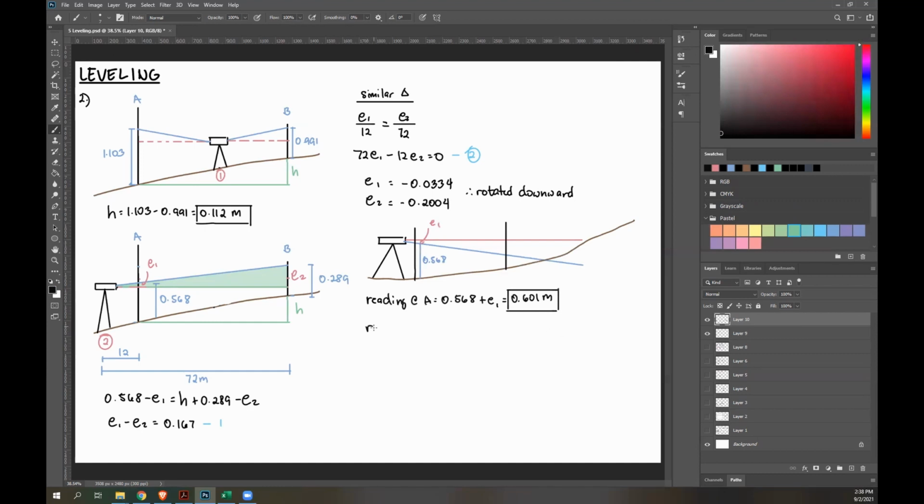And then reading at B, same thing, this is your B, this is your E2, this is your reading at 2, that was 0.289. So to get the correct reading, which is following the horizontal line, again, that's just 0.289 plus E2, which is 0.489.